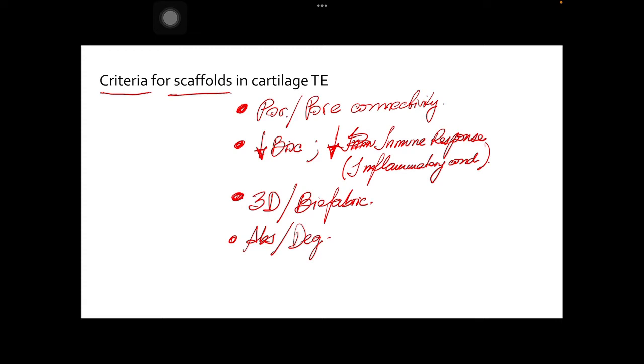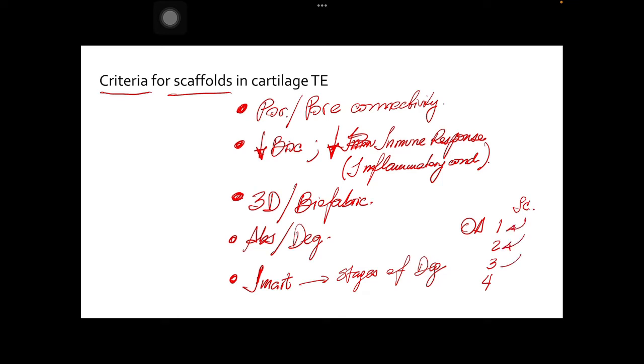And also, one more is maybe to have a scaffold that is smart enough to understand the stages of degeneration, right? Depending on the stages of osteoarthritis, 1, 2, 3, or 4, maybe you want to create a scaffold that works better for the different stages, right?